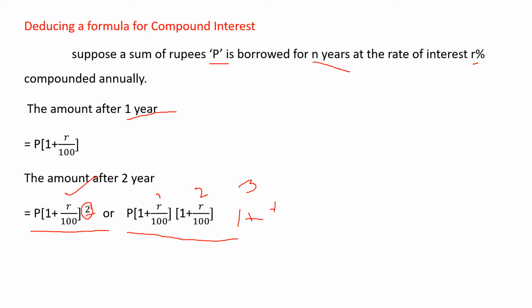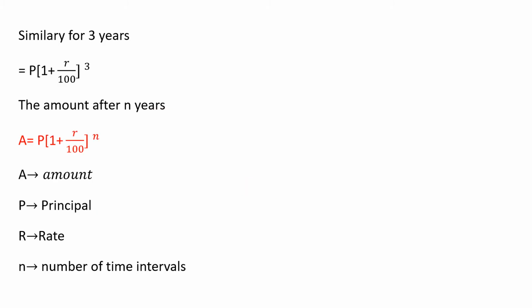Generally, for 3 years, instead of 2 you write 3. In the question, if it is 1 year, in the place of 3 you write 1; if it is 2, you write 2. So in general form, how will you write the formula? The amount after n years, where n can be 1, 2, 3, 4, 5, whatever it may be.